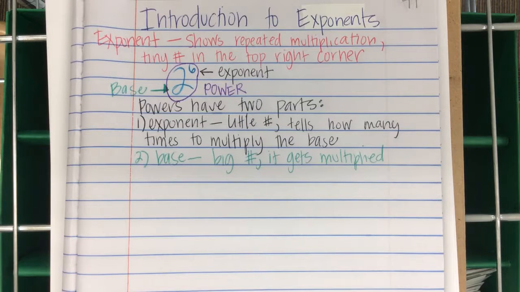The exponent is the little tiny number that tells you how many times to multiply. The base is the big number, the number that gets multiplied.